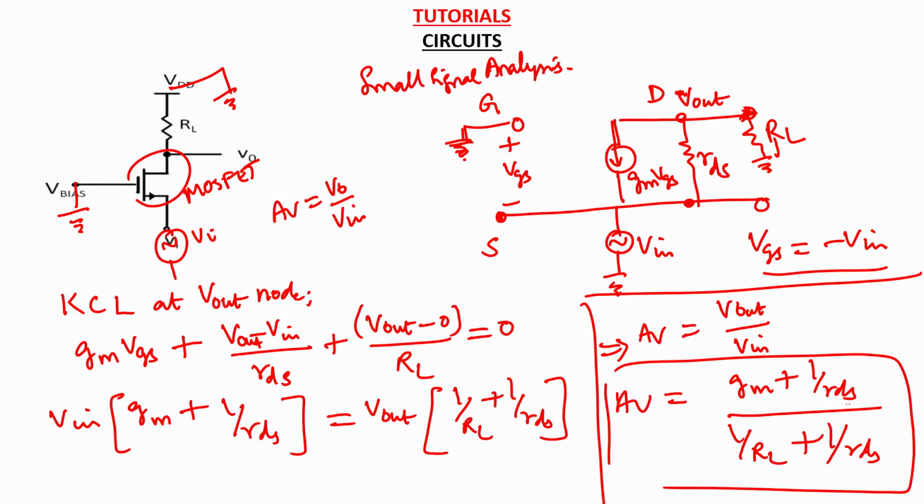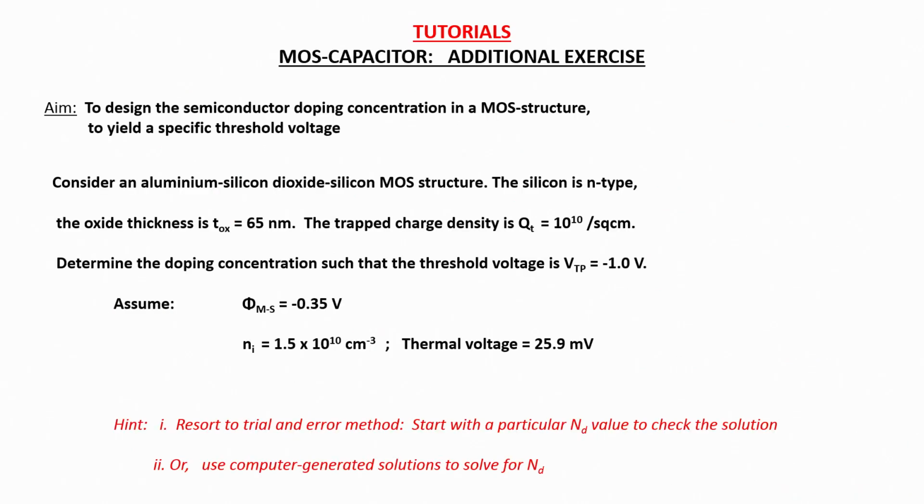When RDS is very high, the gain is almost gm RL, and there is a positive term in this expression. So it means that this common gate stage is a non-inverting stage, unlike the common source amplifier, which acts as an inverting amplifier.